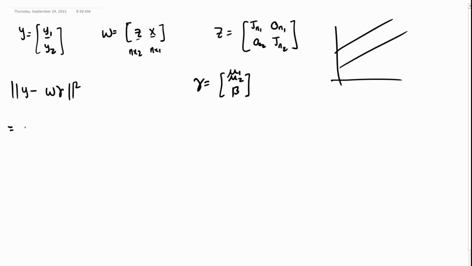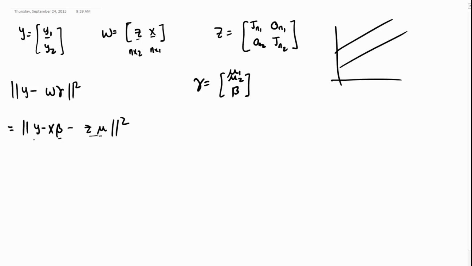So we can write this as y minus x beta minus z mu, where mu is the vector of mu1 and mu2. Let's figure out what this works out to be. Let's use our standard trick where we hold beta fixed and we come up with the estimate for mu conditional on beta.